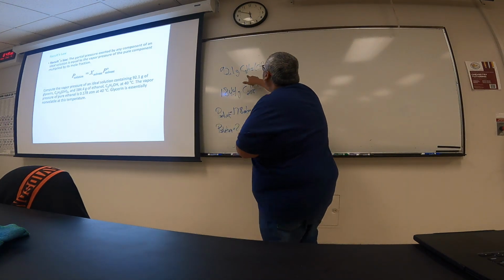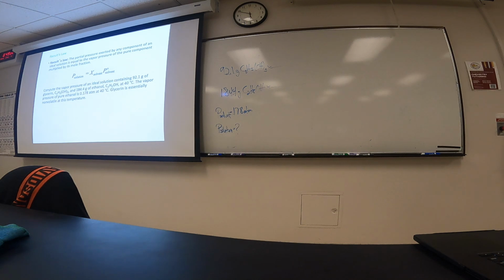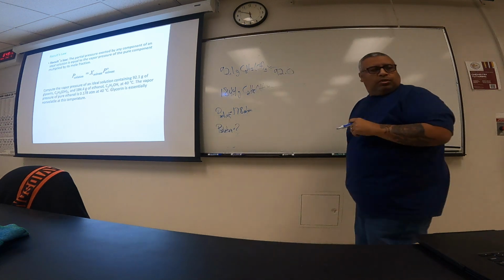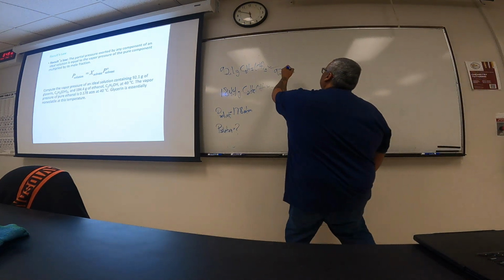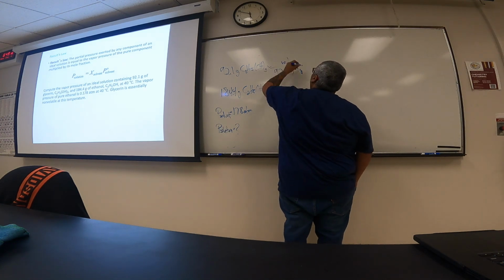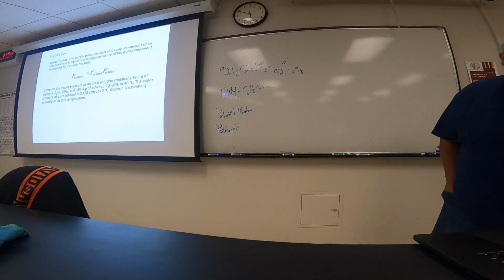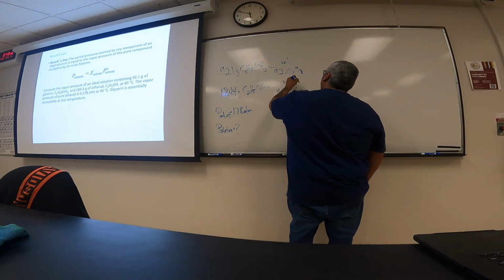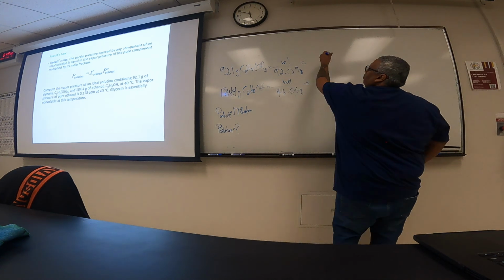Just for the sake of time here, glycerin is 92.09 grams per mole, and ethanol is 46.06 grams per mole.